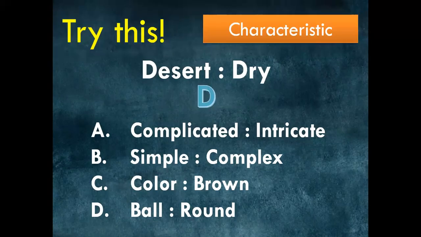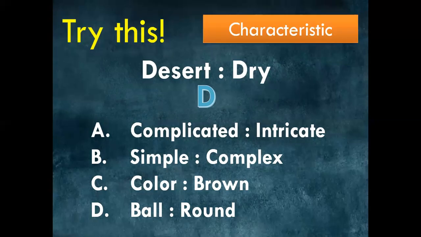Let's analyze the other analogies here. Complicated is to intricate. They are words with the same meaning. If it's intricate, therefore it is complicated, or vice versa. Simple, complex: the relationship of these words, they are opposite in meaning.